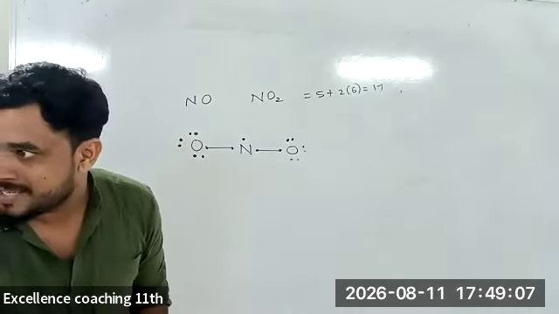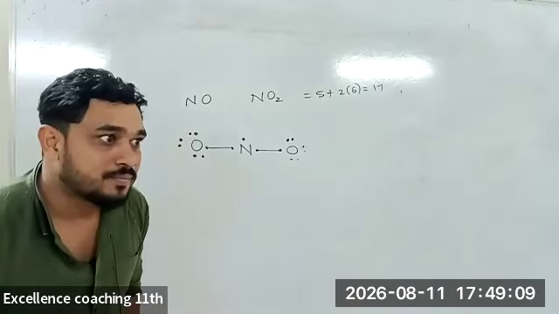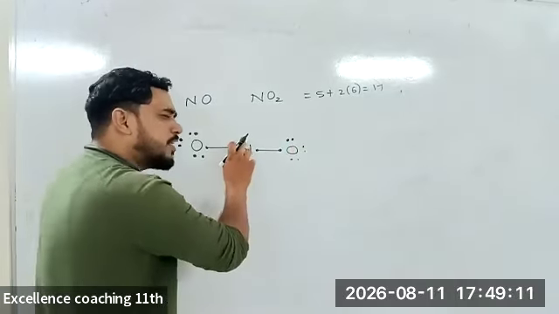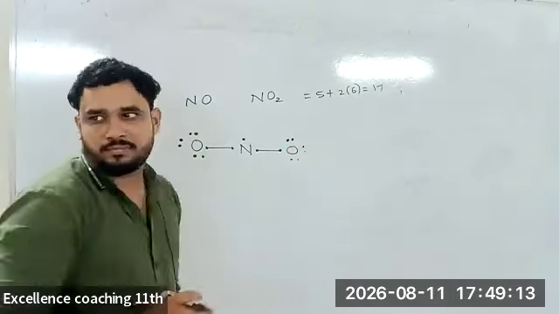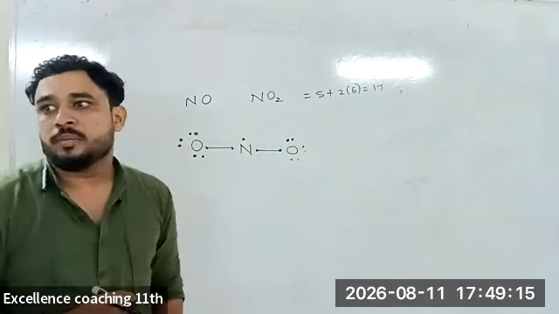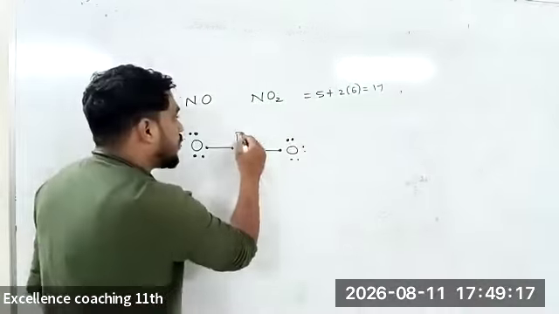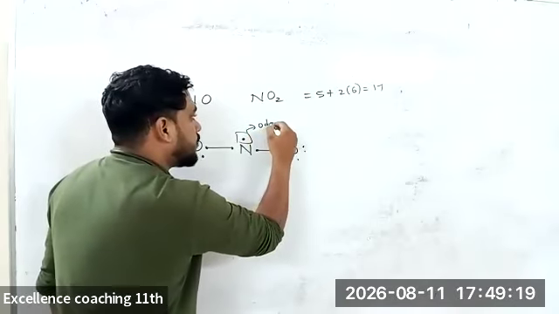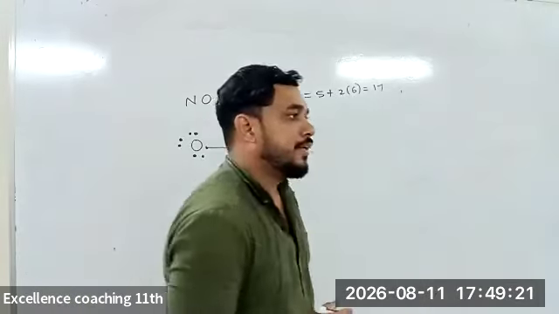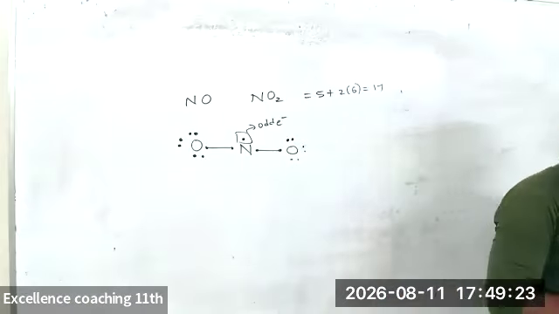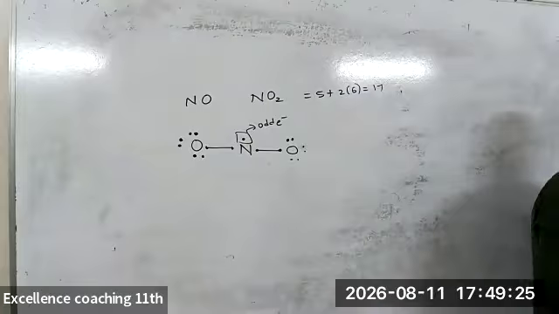I was discussing pairs. Last class, it should be in pairs. A single, odd electron. These are called odd electron molecules. Odd electron molecule.